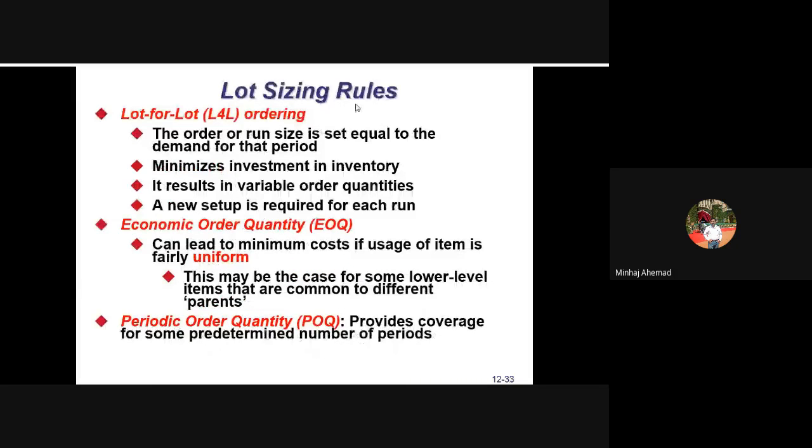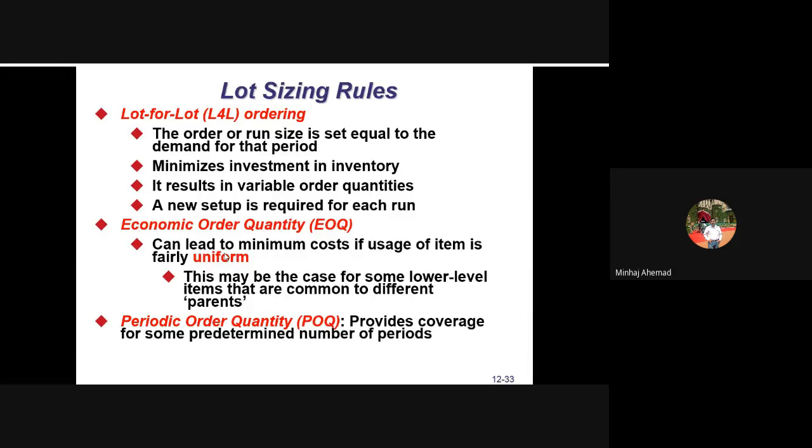Then lot size rules are there, like economic order quantity and lot for lot ordering, that is, the order or run size is set equal to the demand for that period. It minimizes investment in inventory, but it results in variable order quantities. Economic order quantity, we have seen when we studied inventory control, this term comes repeatedly.